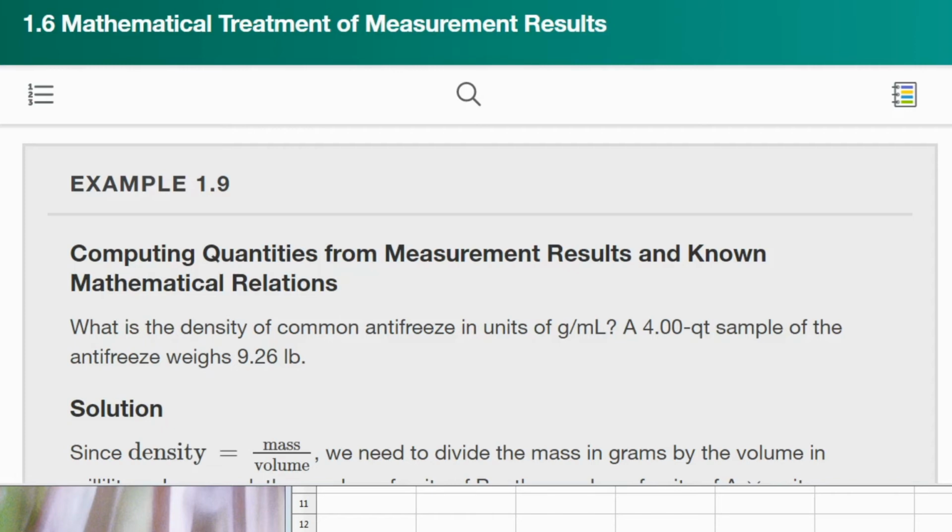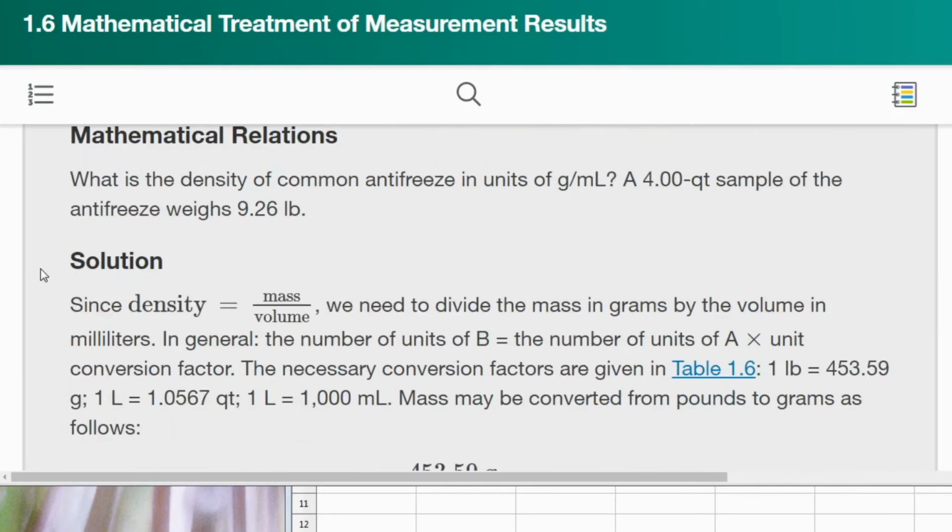Oh boy. So we're going to do a density calculation. Let's just look at their solution.